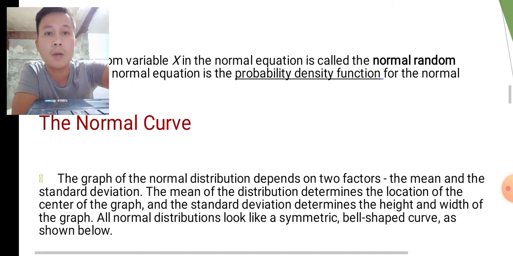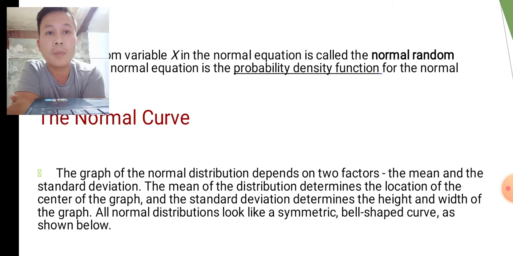Then, our normal curve, the graph of the normal distribution, depends on two factors: the mean and the standard deviation. The mean of the distribution determines the location of the center of the graph, and the standard deviation determines the height and width of the graph.